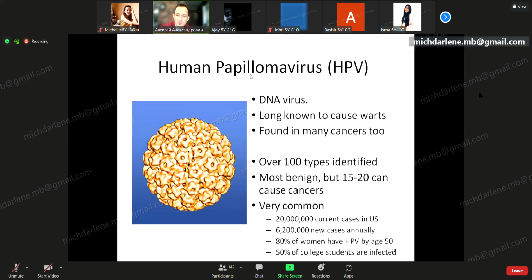Yes, we have over 100 types of human papillomaviruses, but only 15, 20 of them can cause cancers. Human papillomavirus are very common. Very common. And chances to get that virus during the life close to 100%.